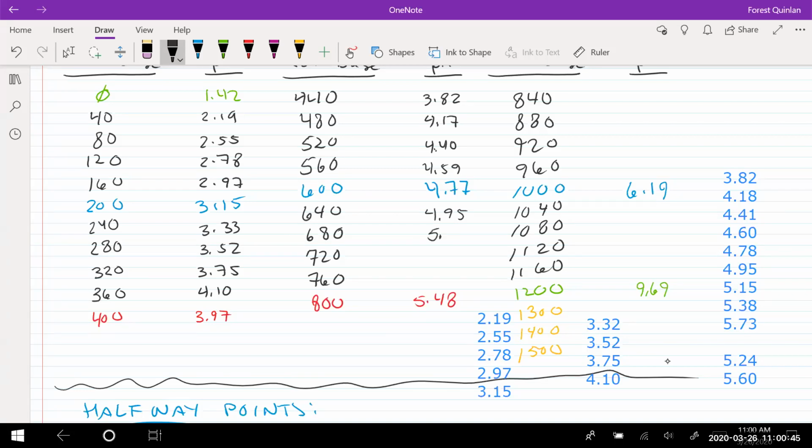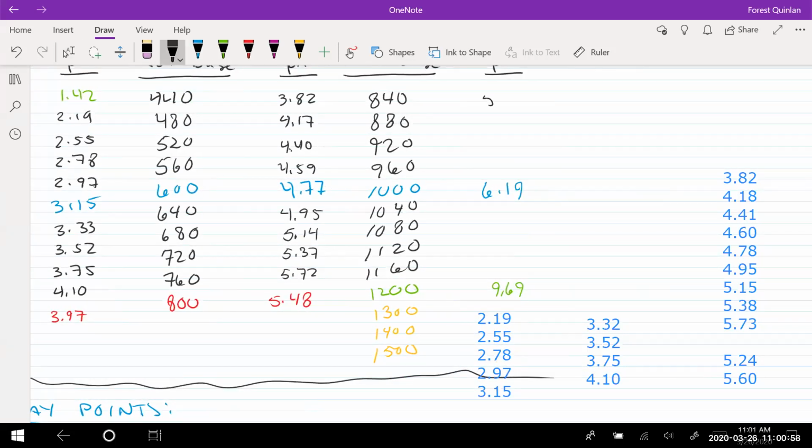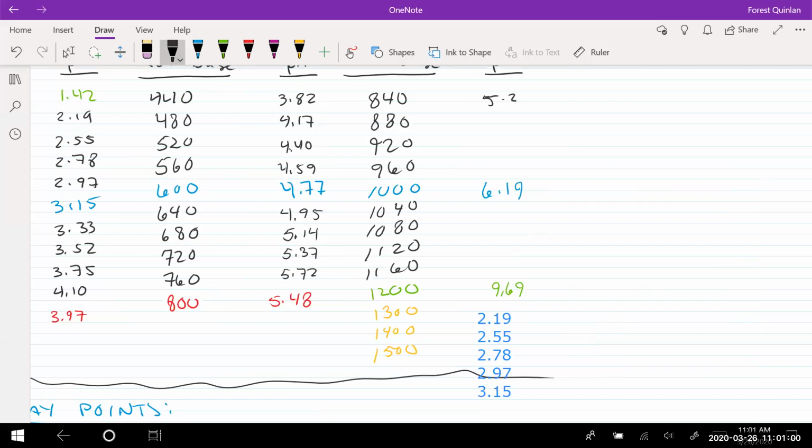Okay, 5.14, 5.37, 5.72, and then 5.48, 5.24. That one dropped down again. Yeah.